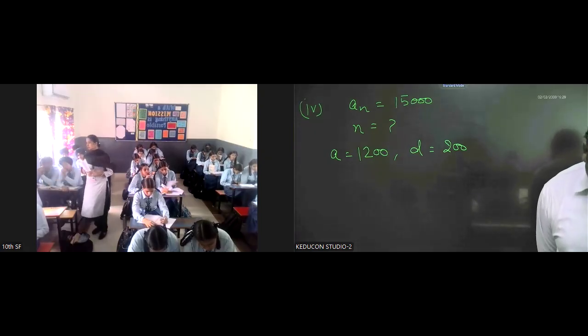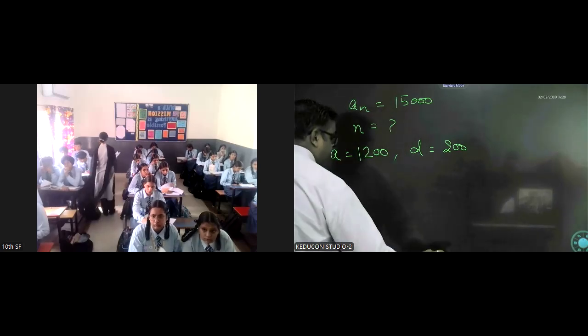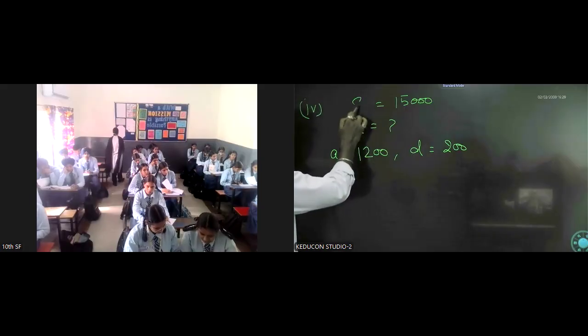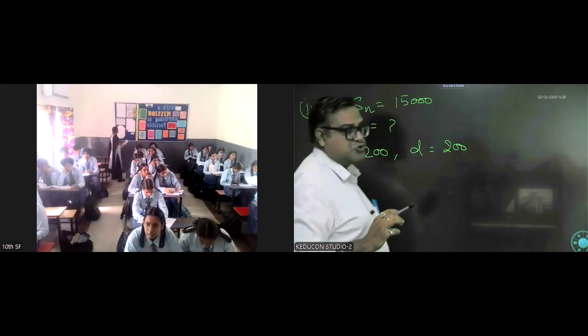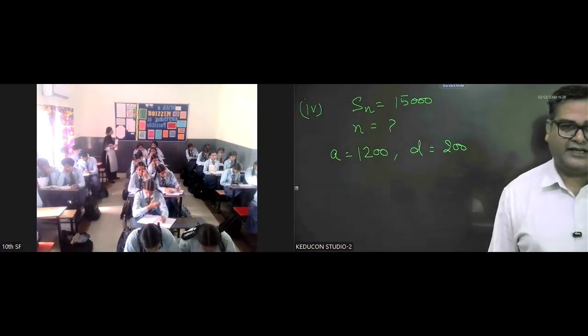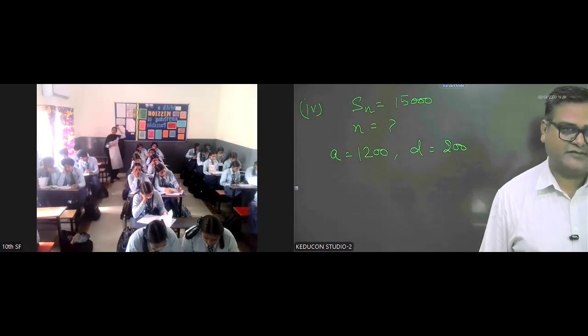Just a moment, students. It is a total production. You will take SN this as, not AN. It is given total production, means total production of 15,000 cars, right? In which year it will be achieved. So it will be SN.